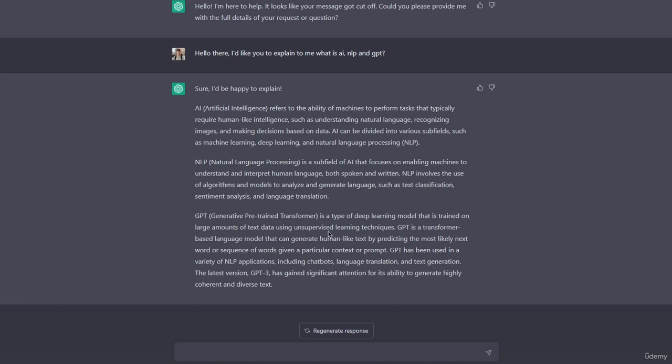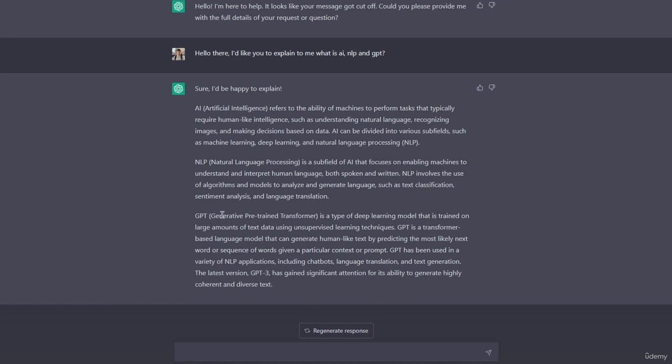GPT is a transformer-based language model that can generate human-like text by predicting the most likely next word or sequence of words given a particular context or prompt. GPT has been used in a variety of NLP applications, including chatbots, language translation, and text generation. The latest version, GPT-3, has gained significant attention for its ability to generate highly coherent and diverse text.